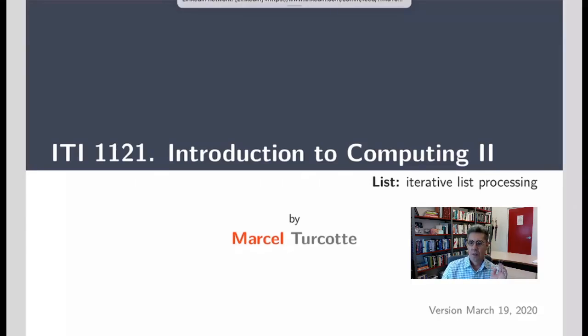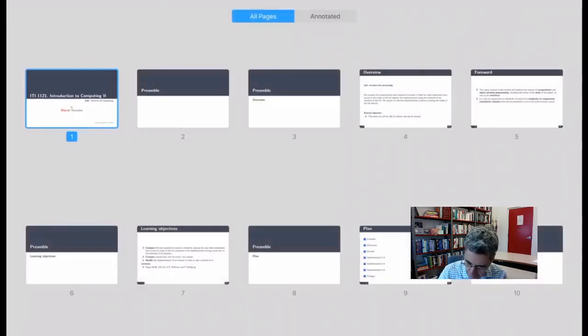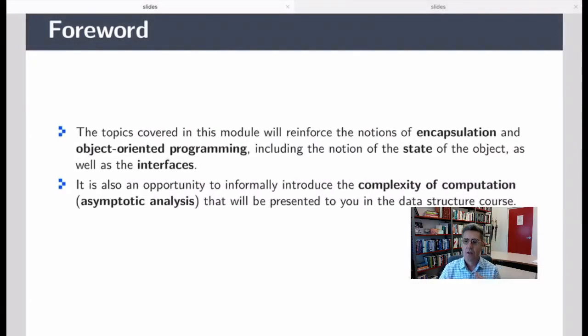Okay, so let's go here and look at this. So this is a lecture that I really like. I like it because it's a good occasion for us to reinforce many ideas. So for instance, this will reinforce the concept of encapsulation, object-oriented programming, the state of an object.